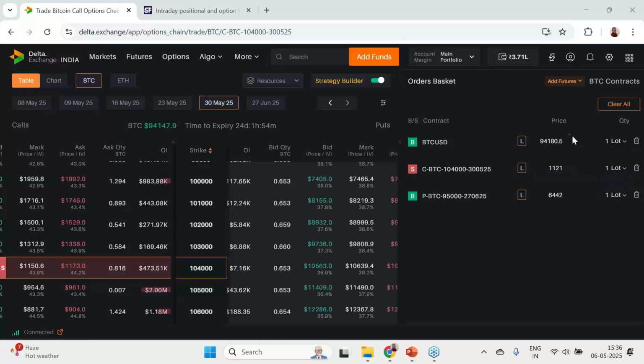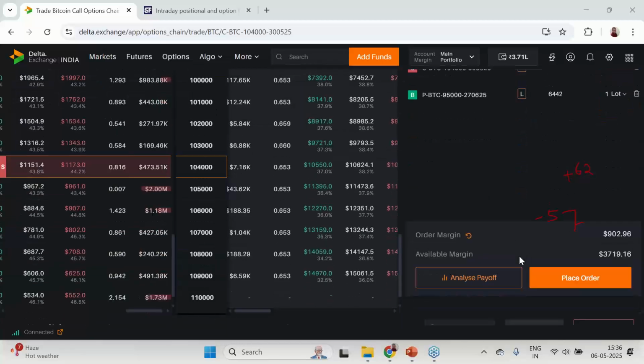So I am losing 57 points of theta here. However, 62 points of theta I will be gaining here. By this process, I almost neutralize the theta. But delta will be there, and other values will be there, that is different.